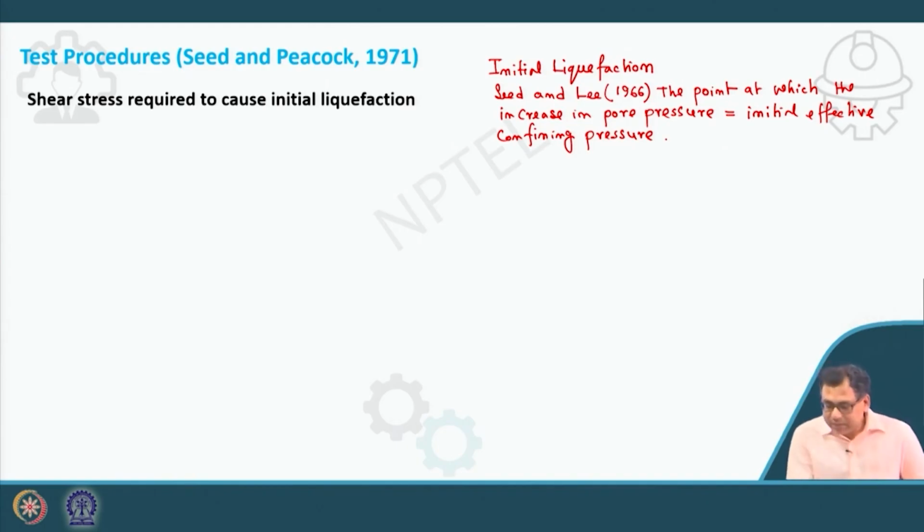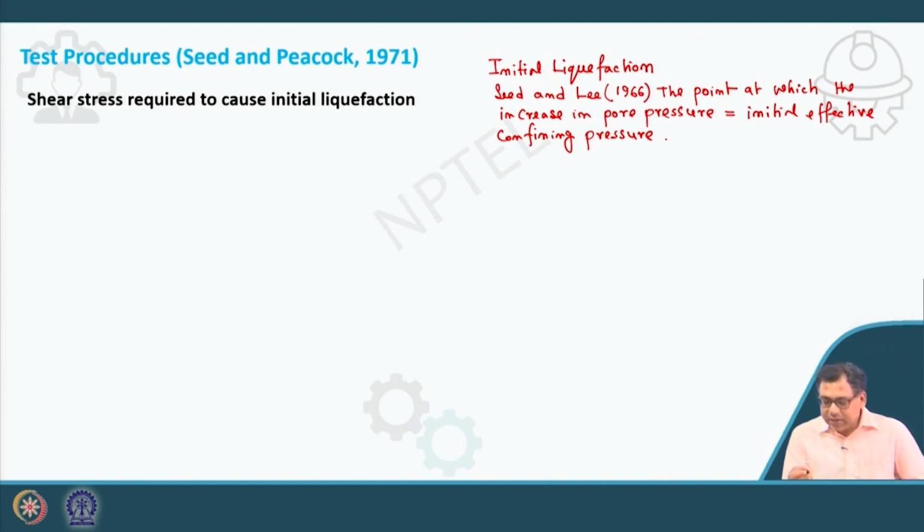As per Seed and Lee, the point at which the increase in pore water pressure is equal to initial effective confining pressure, that point is called the initial liquefaction. Okay, the initiation of the liquefaction, you can say.